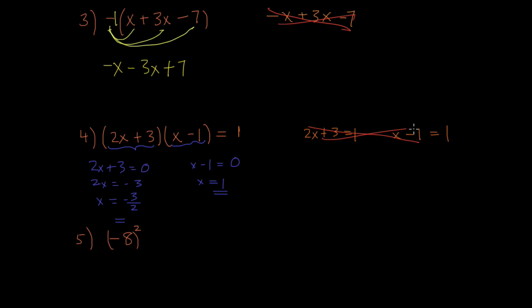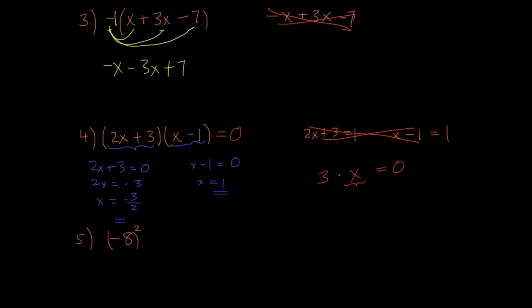You can only use the null factor or the zero product rule when you have something equaling 0. Because if I have, say, 3 times x equals 0, then you automatically know that this x has to be 0, because for something multiplied by something to equal 0, that has to be 0. So we know that, and that's why we're setting those two things equal to 0.